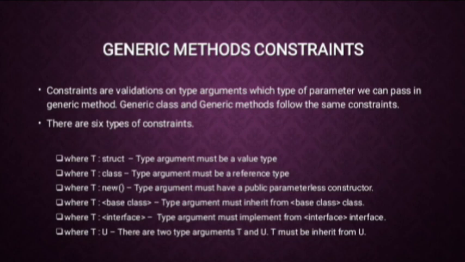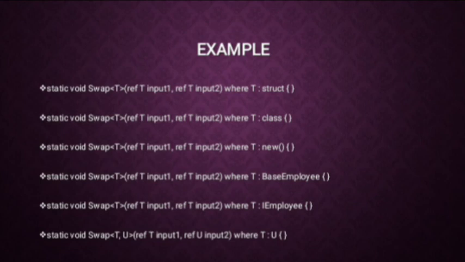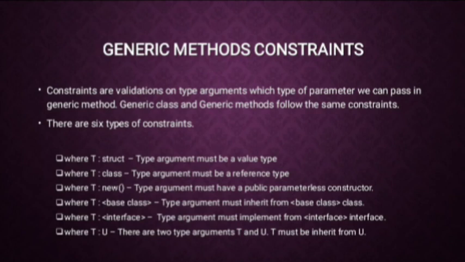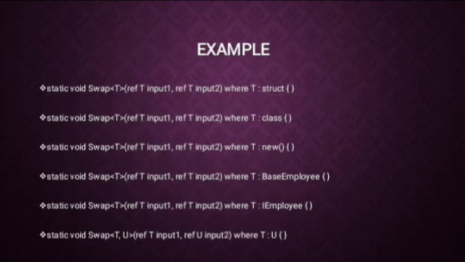T comma U: there are two arguments, T and U. T must be inherited from U, that is, one is the base class and the other is the derived class. These are the basic information about generic constraints. And this is an example. You can go through the examples for each of these method constraints.